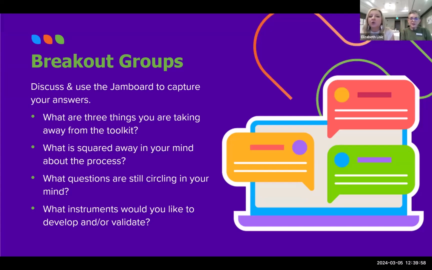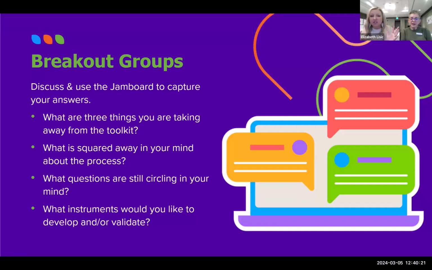There are a few things we're going to do here. You're going to talk amongst your group, and there's space on the Jamboard for you to record 3 things that you are taking away from the toolkit. So 3 takeaways. Jot down a few things that are squared away in your mind about this process. What is super clear? You're like, I could go out and do that today.